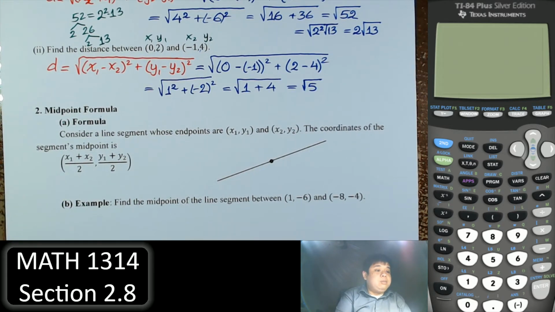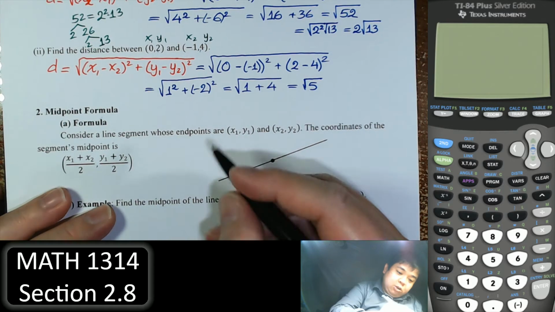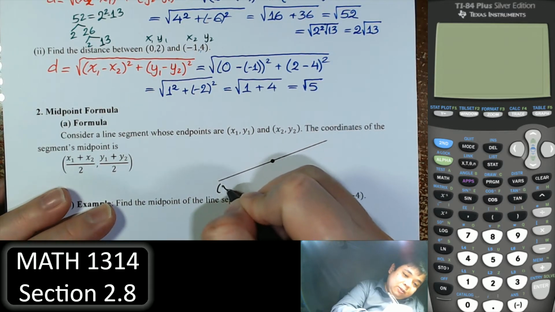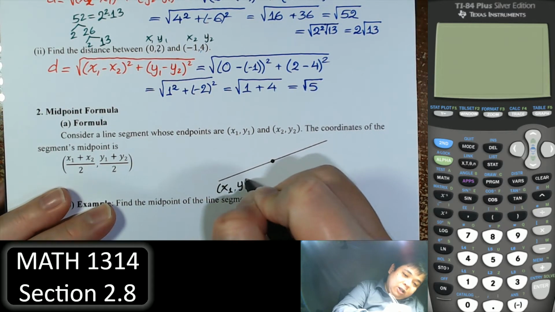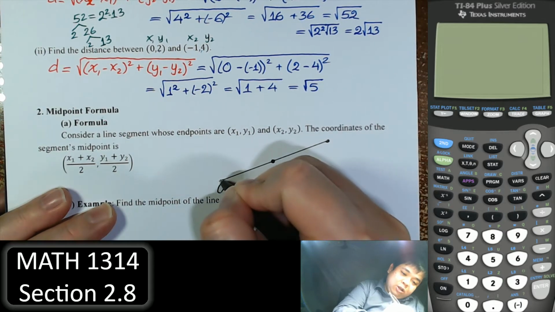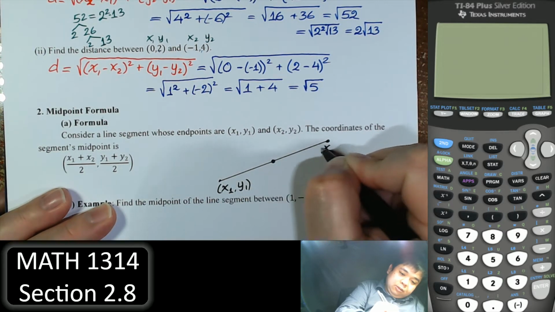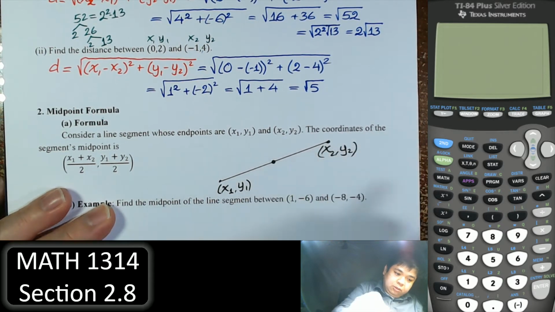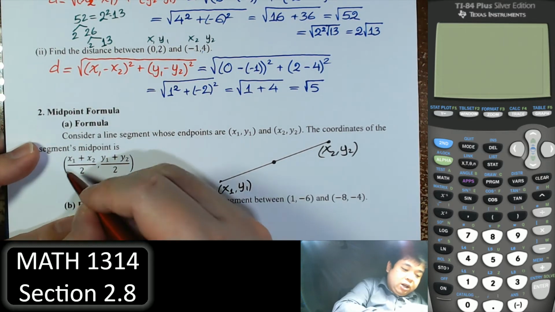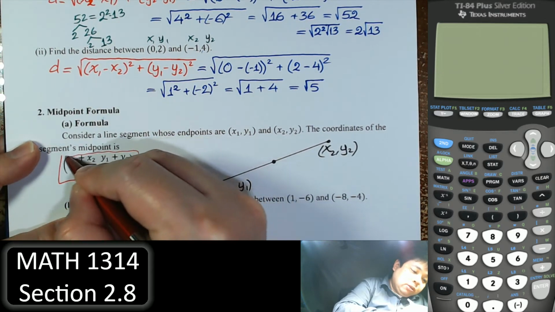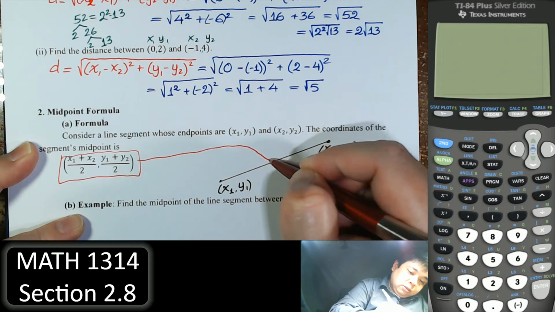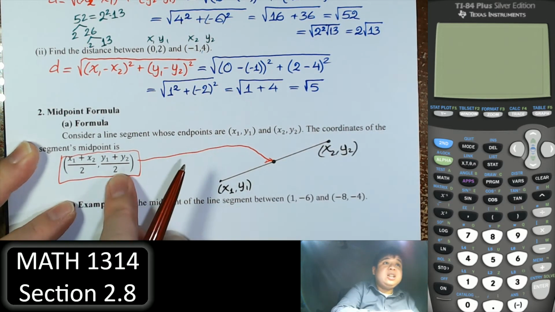Next, we have the midpoint formula. So the midpoint formula, if we have a line segment, let's say we have x1, y1, and here's x2, y2, then the coordinate of the midpoint is given by this.